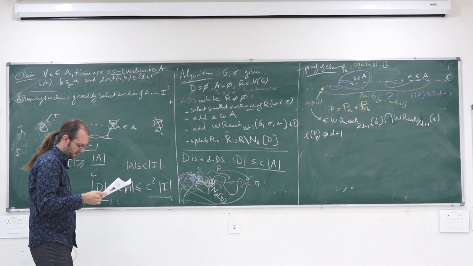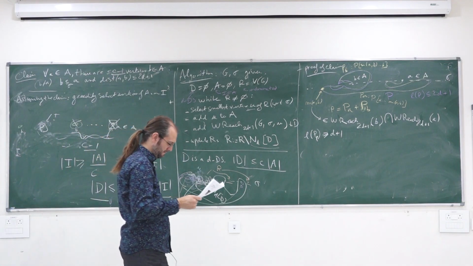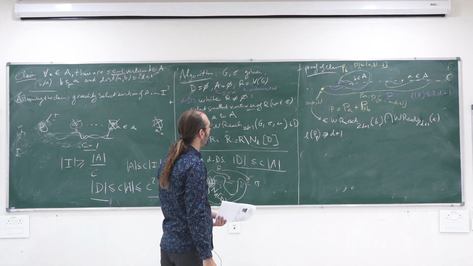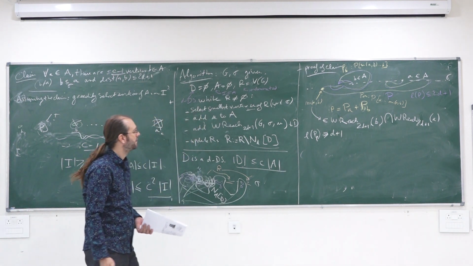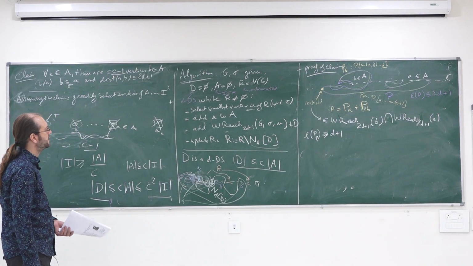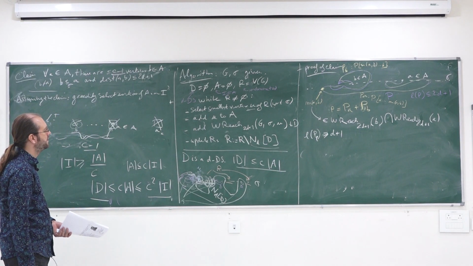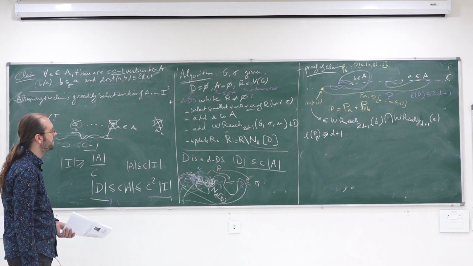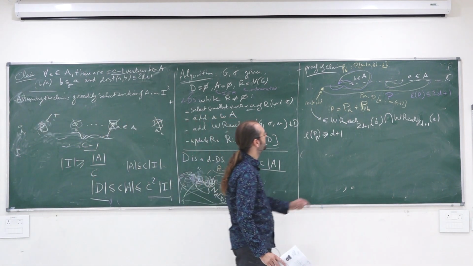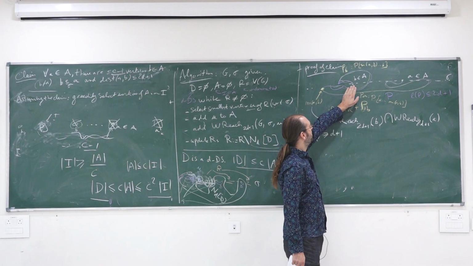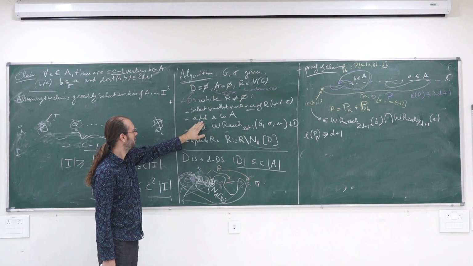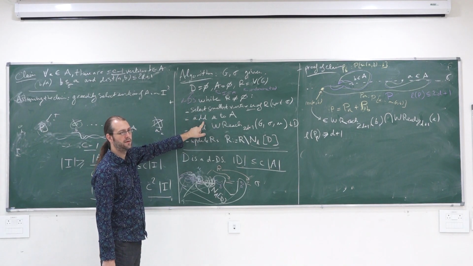Otherwise... we removed the neighborhood of this from R. Correct, exactly. So we know that we are processing these vertices from left to right, because we are always choosing U as the smallest undominated.